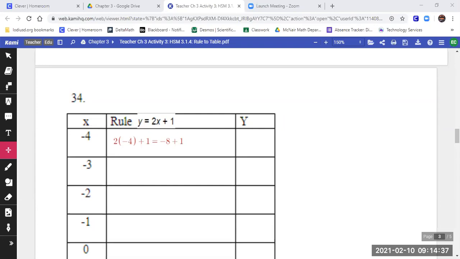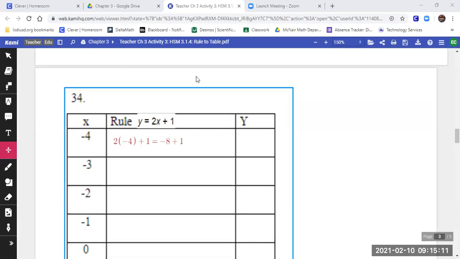How do we know from there? Use the sign of the bigger number. Okay. So subtract. That's 8 take away 1, right? And then what sign is the answer going to be?